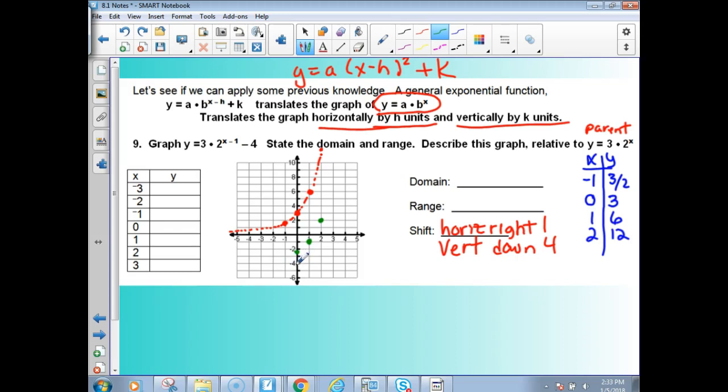It's moved to negative 4, the k value. So I have to dash in a line here. You're going to have to dash it and show me that you know exactly where the asymptote is supposed to be. Your graphing calculator will not show you that line. It'll give you a picture of what it looks like.